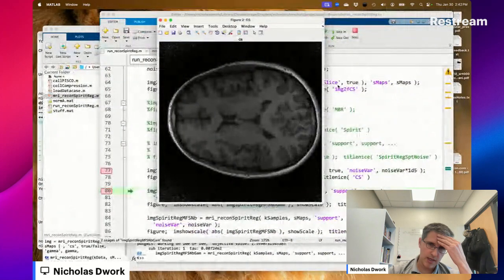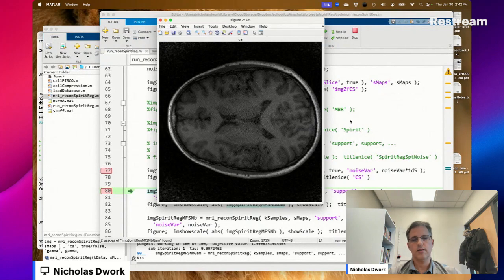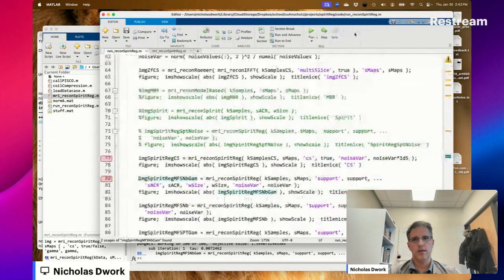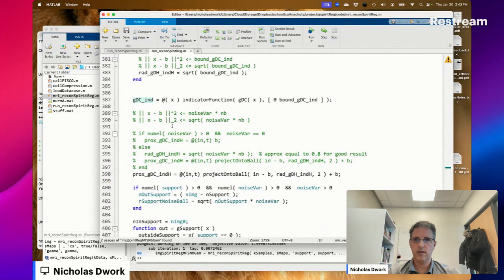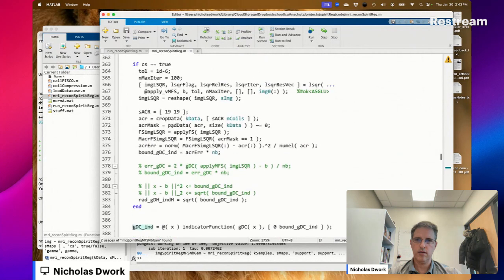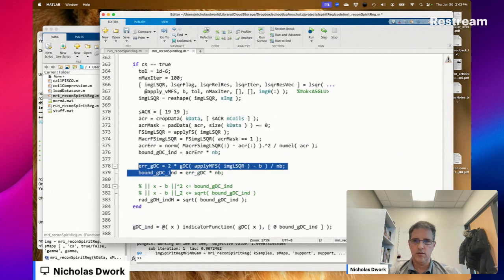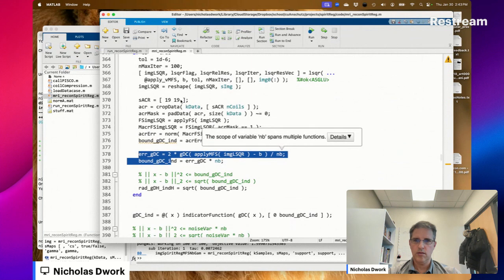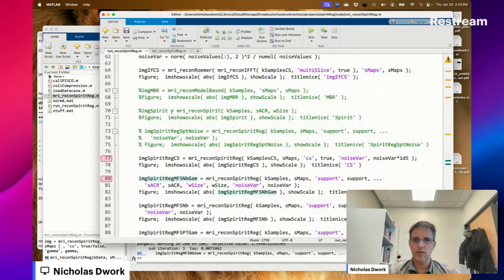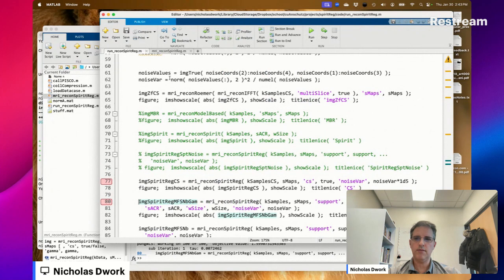That looks bad. What was that value? Oh, that value for the other one was 8.